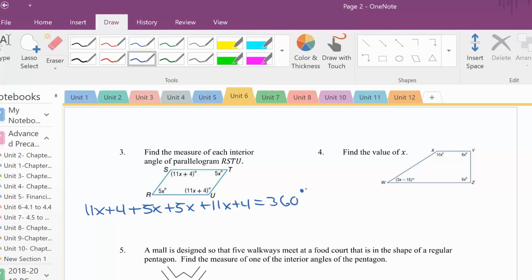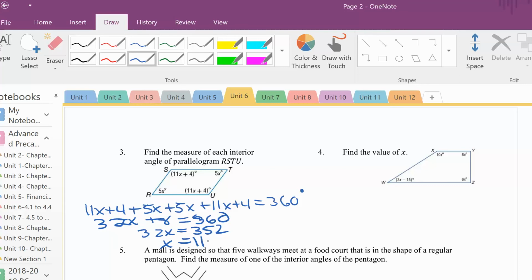So when you add these all up, sorry, it's not 25x, it's 32x, plus 8 is equal to 360. So then 32x equals 352 and x equals 11.